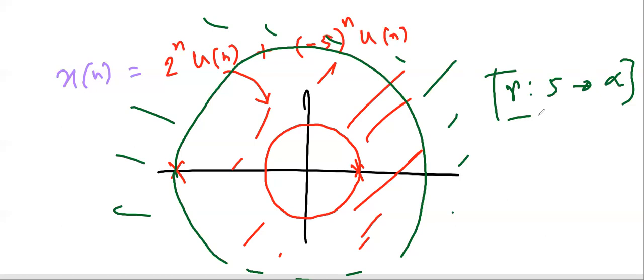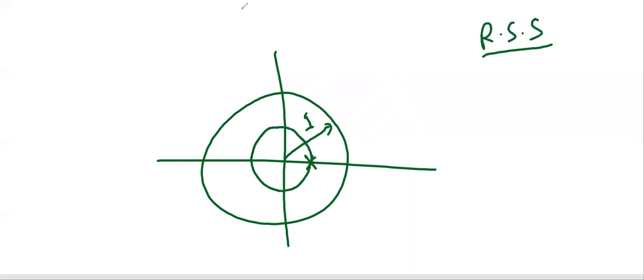From this, we can understand about our signal. If we have the ROC, let's say this is the unit circle, and you have the pole inside that for a causal signal. Causal means a right-sided sequence. In that case, of course, the ROC includes the unit circle.